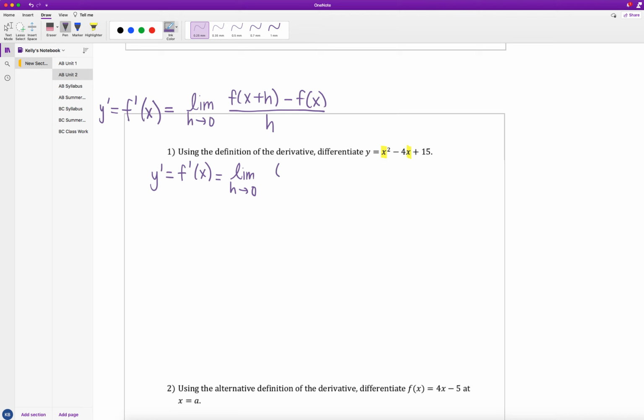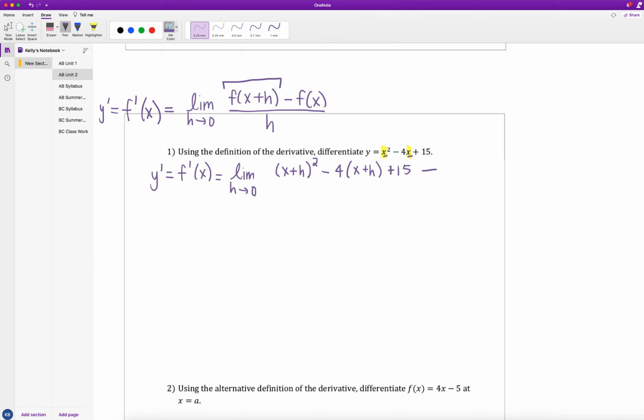So if I just write out the f of x plus h part, I'd get x plus h, the entire thing squared, since that's getting substituted in for that x, minus 4 times, make sure I have parentheses around this, the whole x plus h plus 15. So that portion right there that I have written is just this f of x plus h.